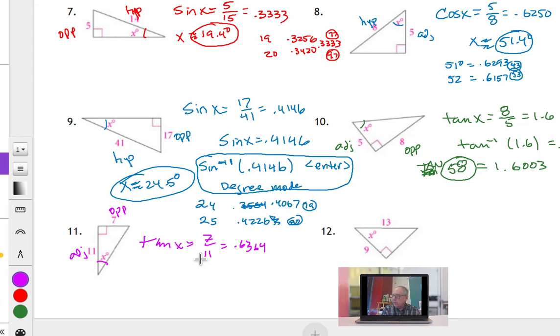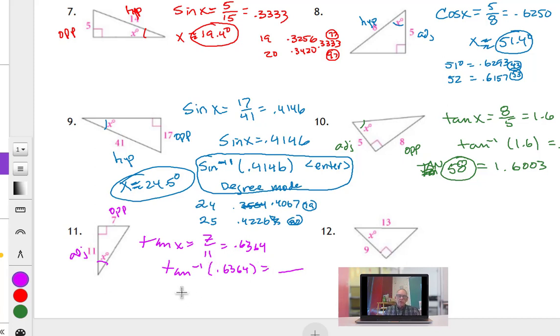And if I was doing this on a calculator, I do tan minus 1 of 0.6364 enter, and that would give me the angle measure. Using the table though, I go down the tangent column to find the closest one to 0.6364, and it's in between 33 and 34 degrees, and it's closer to 34.